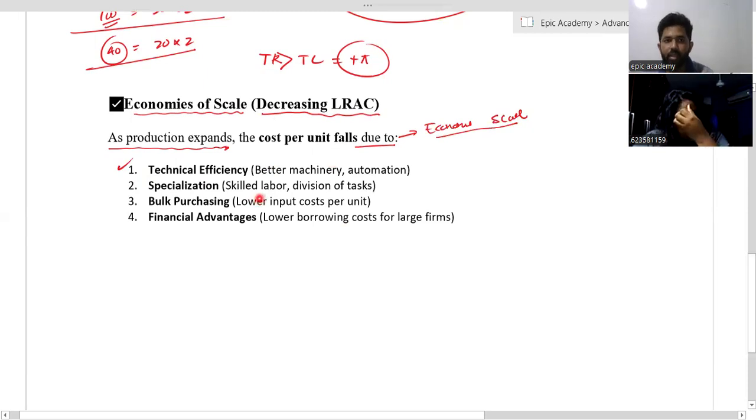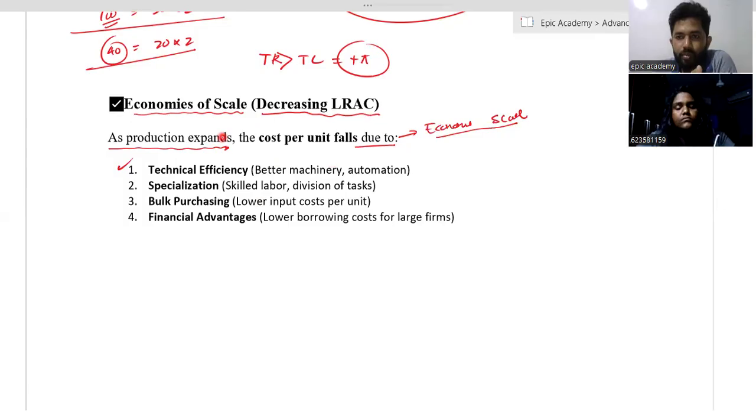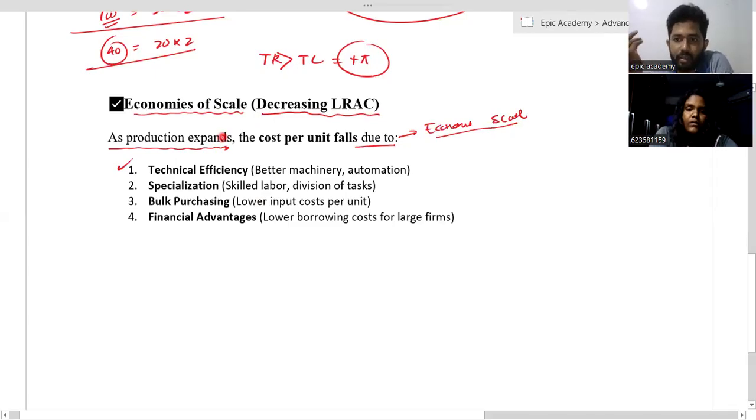What are they? First one is technical efficiencies. They are using the latest technology for the entire production process. Then what happens to the average cost? It reduces. If you are using manual activities in the production process, the time period and the cost of the production unit can be increased.